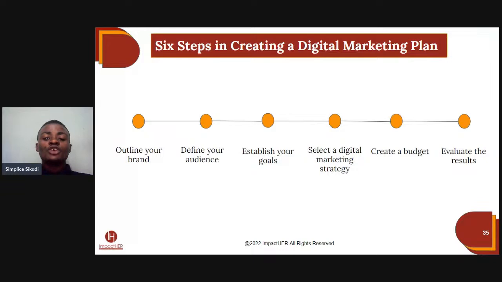And of course, you have to select a digital marketing strategy. You have to select the strategy that works best for you. And again, most times you're going to define this strategy with time, right? Most times it's with time that you will know what strategy works best for you. And of course, you have to create a budget, because most times you may have to spend on adverts.